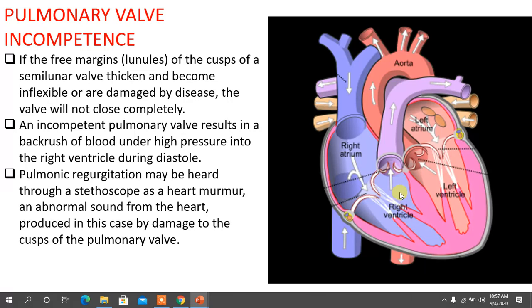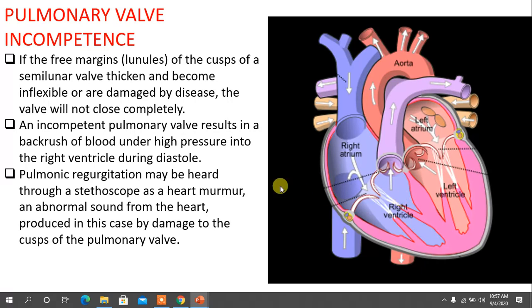So if the free margin of the cusps of the semilunar valve become thick and inflexible, they do not close during diastole, they are damaged, and they will not close completely during the diastole of the right ventricle.